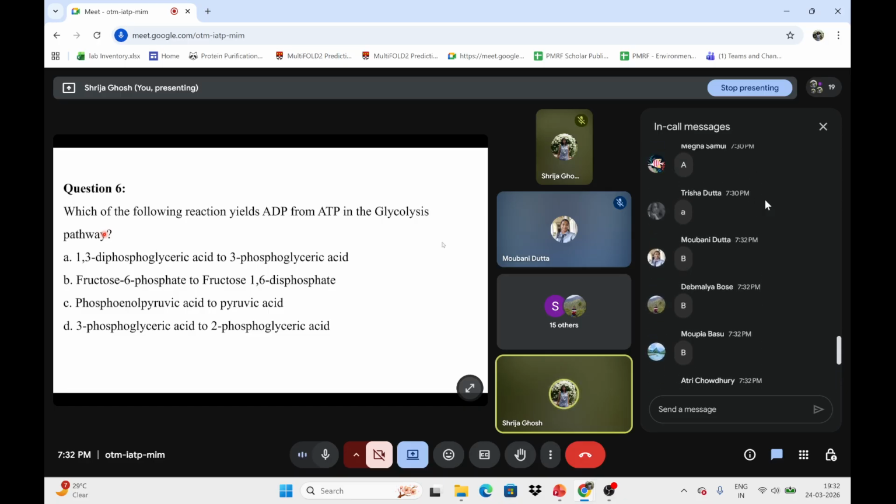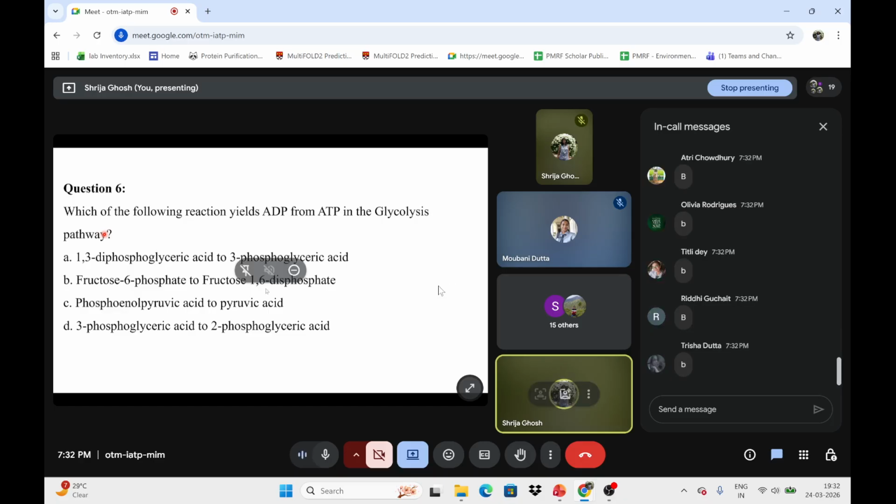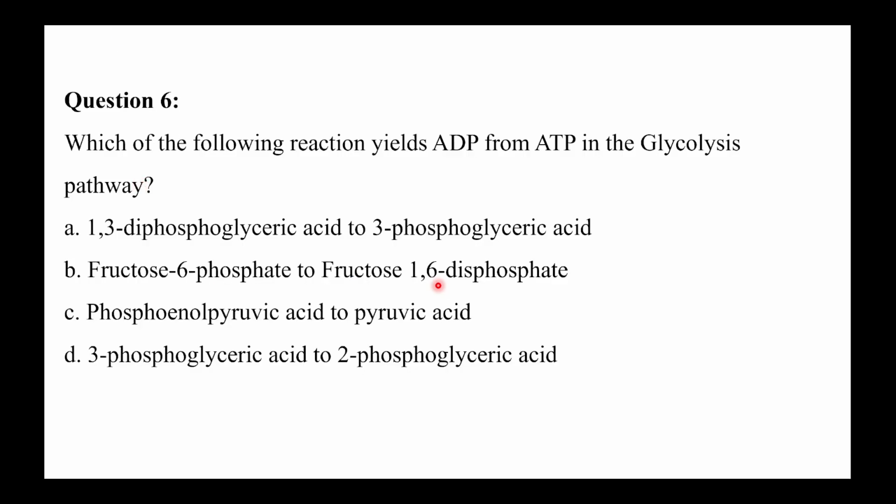Okay, I can see many of you have answered option B, fructose 6 phosphate to fructose 1,6 bisphosphate. So you have to see which reaction is yielding ADP from ATP. ADP is adenine diphosphate, ATP is adenine triphosphate. So from triphosphate we are getting diphosphate.